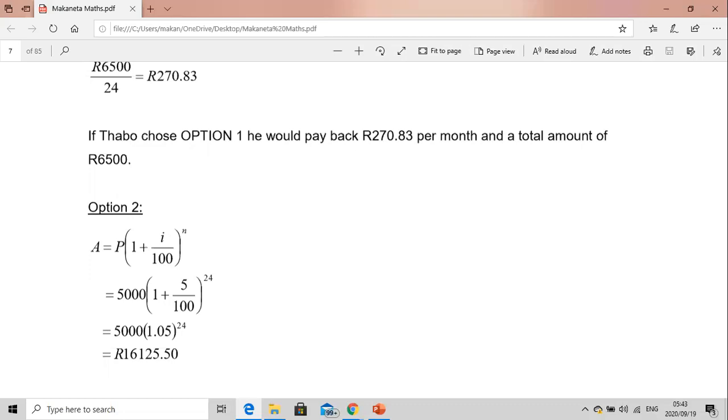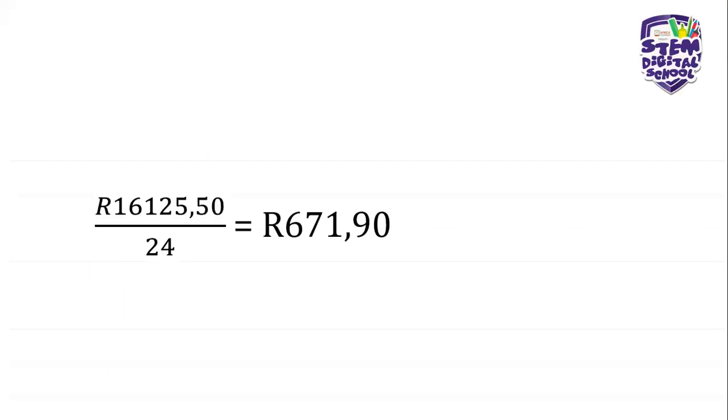And this is for the main reason that I've spoken about many times now. When you divide this amount by 24, you will have to settle for a monthly repayment of 671 rands and 90 cents.